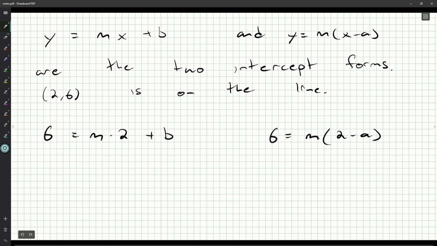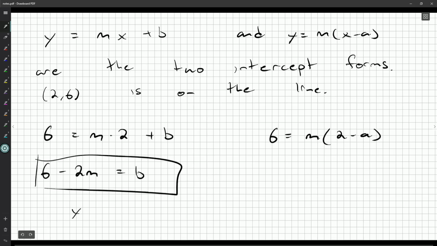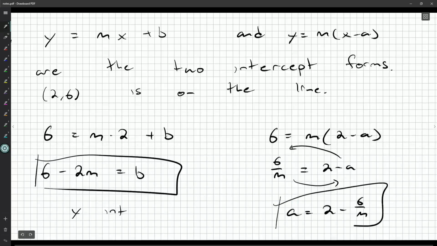So now we rearrange and solve. So 6 minus 2m is equal to b. That's the y-intercept. And then 6 over m is 2 minus a. Bring the a over to this side and the 6 over m to this side. And we can get a is 2 minus 6 over m.